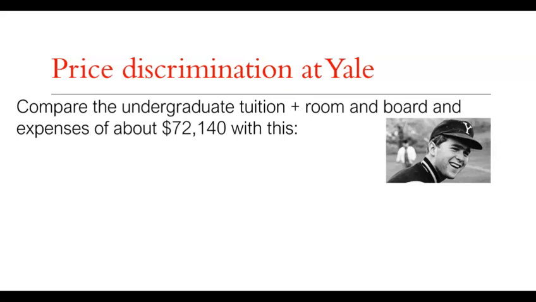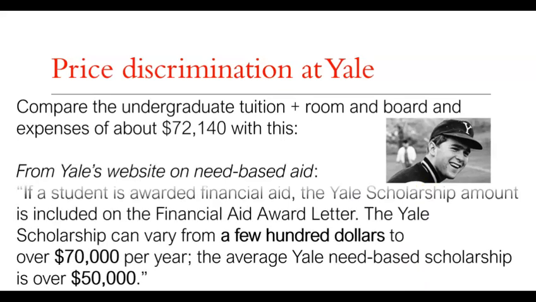So people who come from rich families like this fellow here, you may recognize the young George W. Bush, former president of the United States, came from a very rich family. He would not get any discount, but some people might be awarded some financial aid on the basis of need.